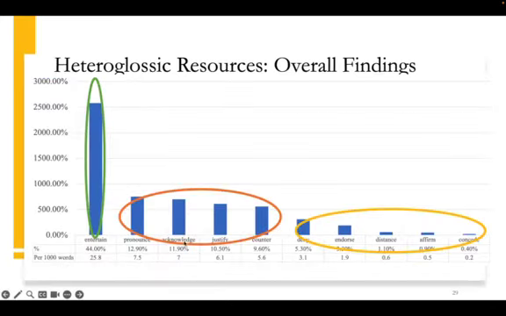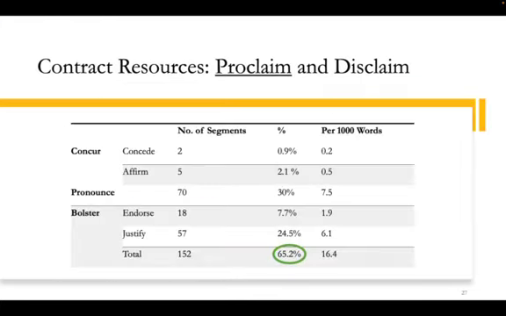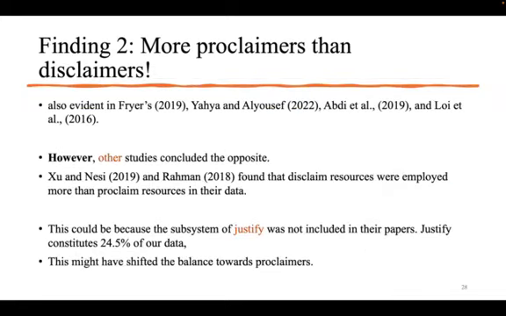In our data, as you can see here, justify is about 24% of the contract resources used, which means that this percentage has shifted the balance towards proclaimers. So yeah, this is the only difference between their study and my study, which could be the reason for the difference in results.